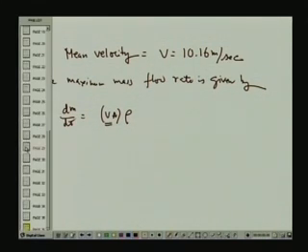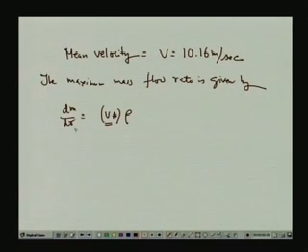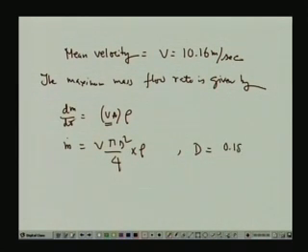So, it will become m dot equal to V into pi d square by 4, where d is the diameter of the pipe, into rho. Now d here is 0.18 meter.